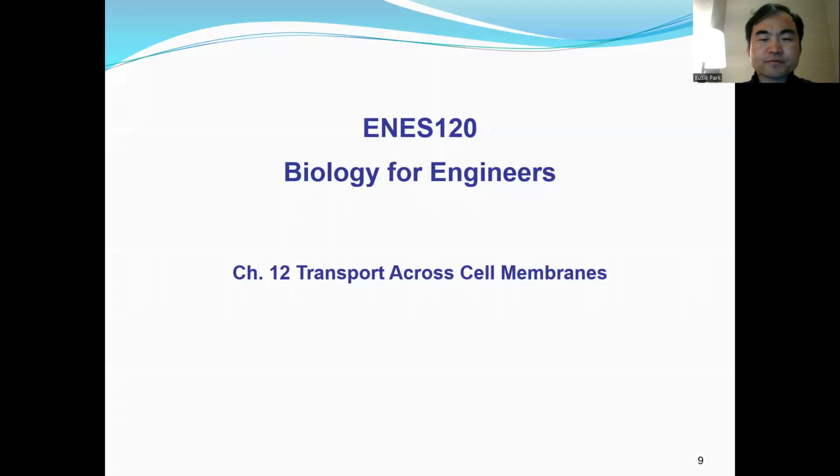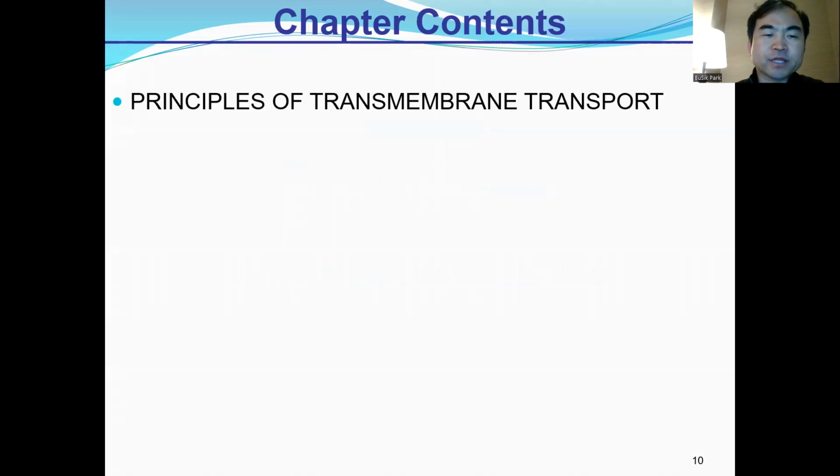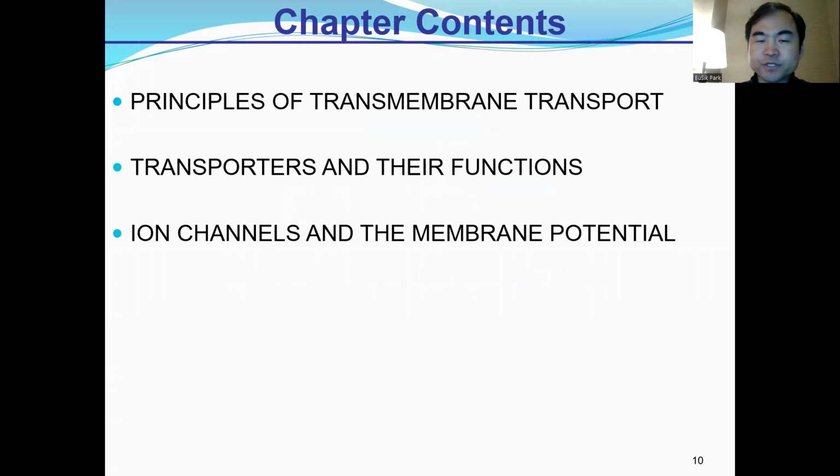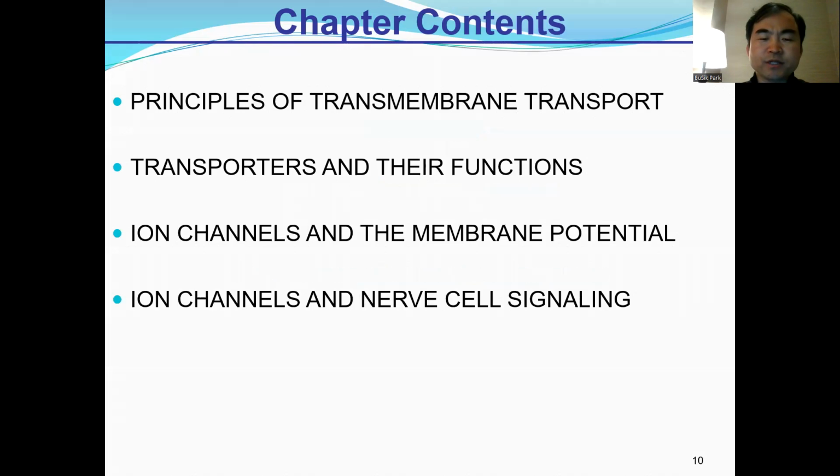So that was the cell wall, and these are the previous related lectures. Then chapter 12, transport across the cell membrane. The first part contains the principles of transmembrane transport, the transporters and their functions, ion channels, membrane potential, ion channels, and nerve cell signaling.